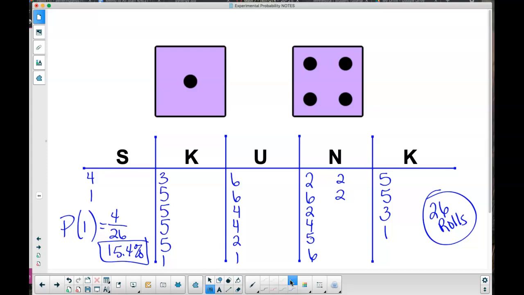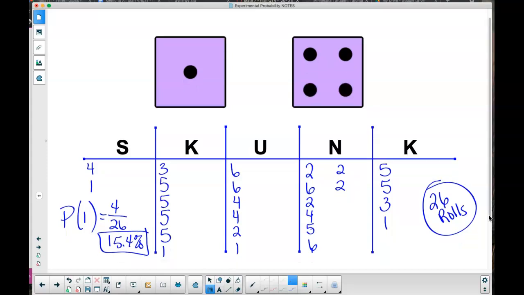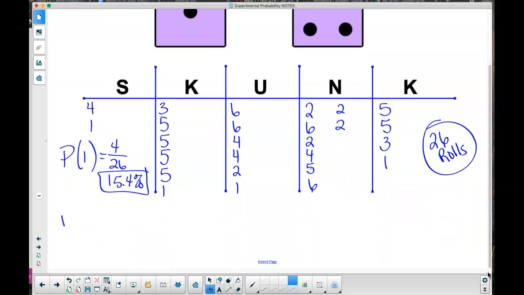I can understand why we'd want to sit standing, right? You have a way better chance of not rolling a 1 than rolling a 1. Because if I said, what's the probability of not 1? If I only roll a 1 4 times, how many times did I roll not a 1? 22 out of 26.